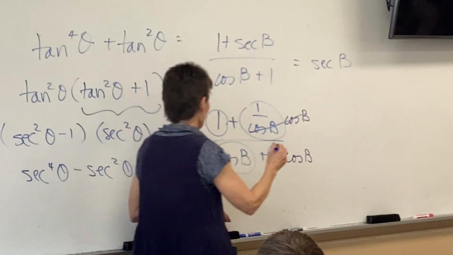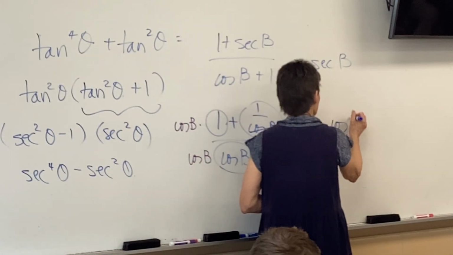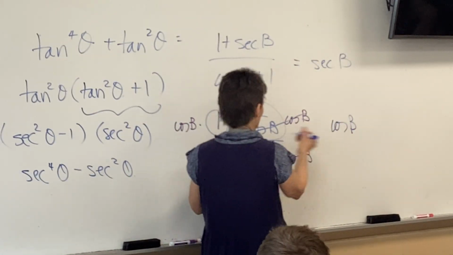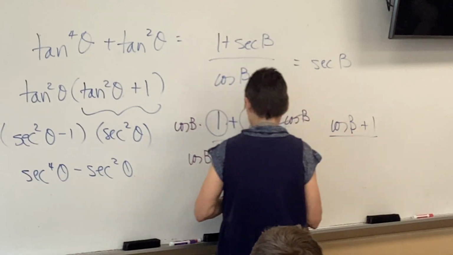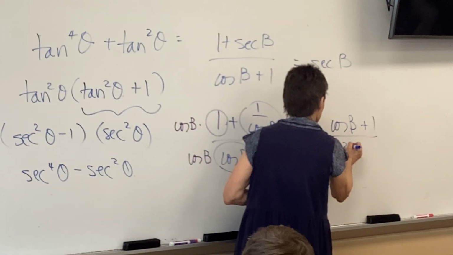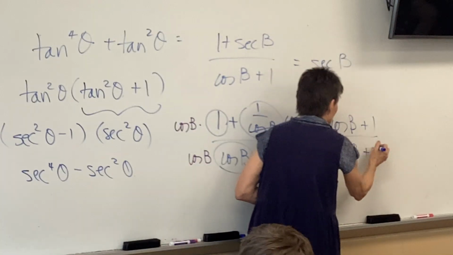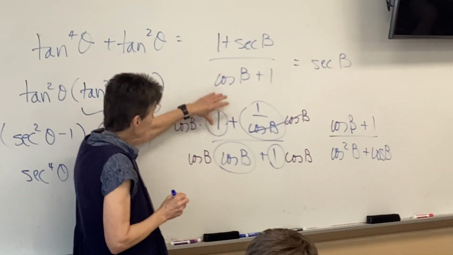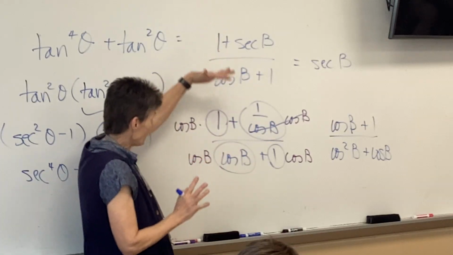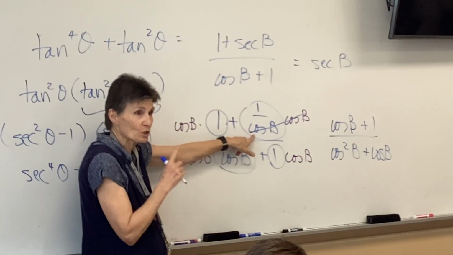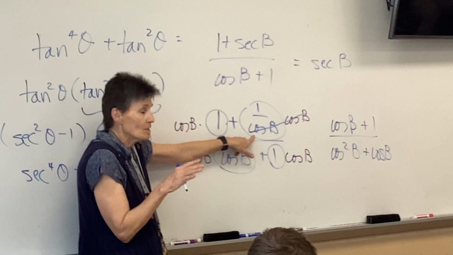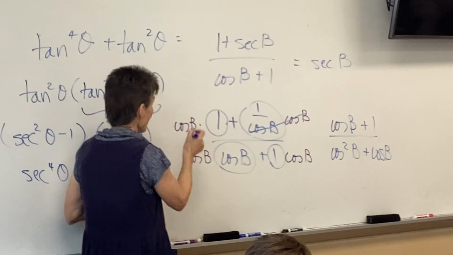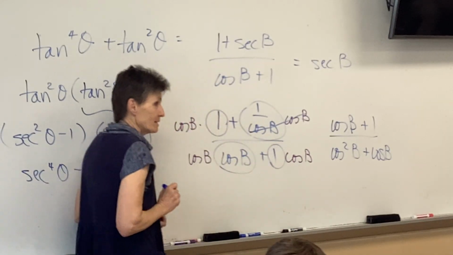Now you have cosine plus 1 over cosine squared plus cosine. So in the beginning, we had this big fraction with a little fraction inside of it, and we cleared that fraction out by multiplying by the denominator.